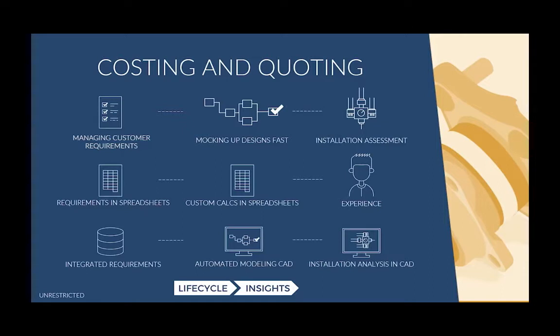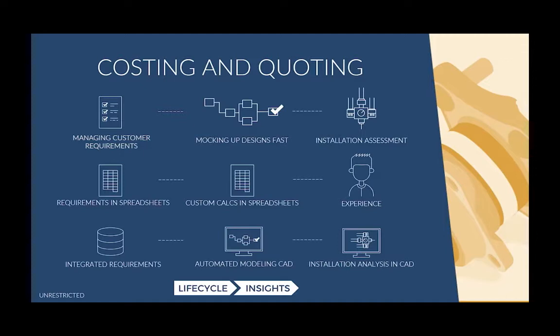Integrated requirements is one of them. So not only being able to define, break down, and track requirements, but actually allocate them to different aspects of the system and how they're going to be fulfilled. Another thing that can have a big impact is automating, both from a 3D modeling perspective and a P&ID perspective.